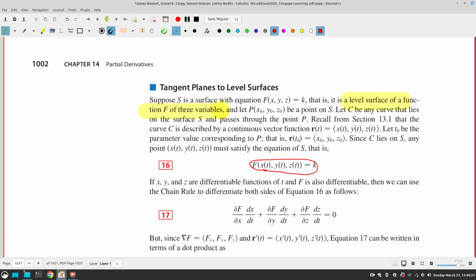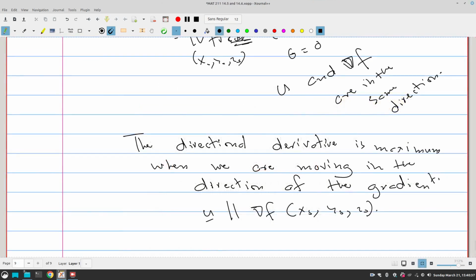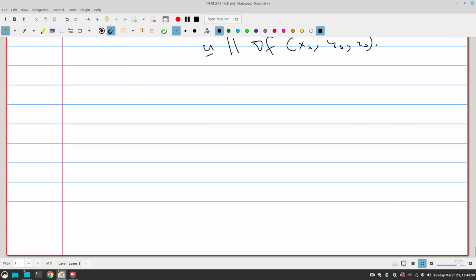Now you can use the chain rule. Let's say we want to differentiate both sides with respect to t. So d F of x, y, z over dt equals dk over dt.